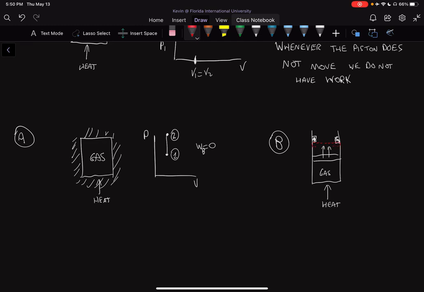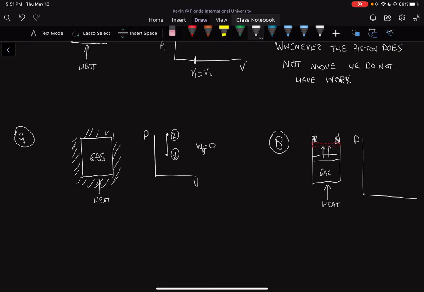What's going to happen after it gets stuck there? The pressure is going to start increasing. Up until the piston has reached the stops, the pressure is going to be constant. After that, the pressure is going to start increasing by the fact that it's blocked by the stops. If we were to draw this on a PV diagram, it would look something like this.